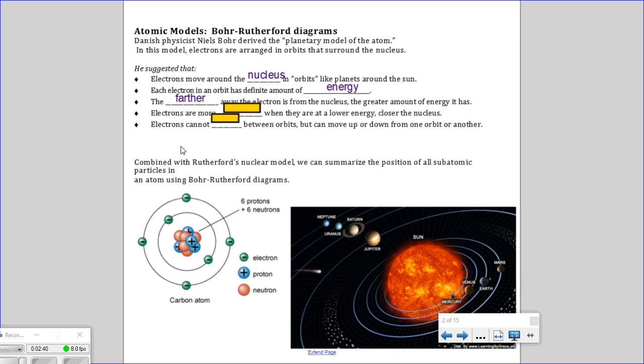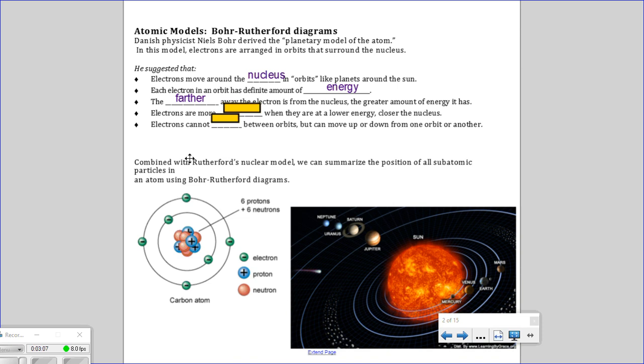He also suggested that the farther away the electron is from the nucleus, the greater amount of energy that electron will have. Electrons closer to the nucleus will have lower amounts of energy. Electrons further away from the nucleus will have higher amounts of energy. Those electrons further away from the nucleus will be more reactive, so more likely to leave.